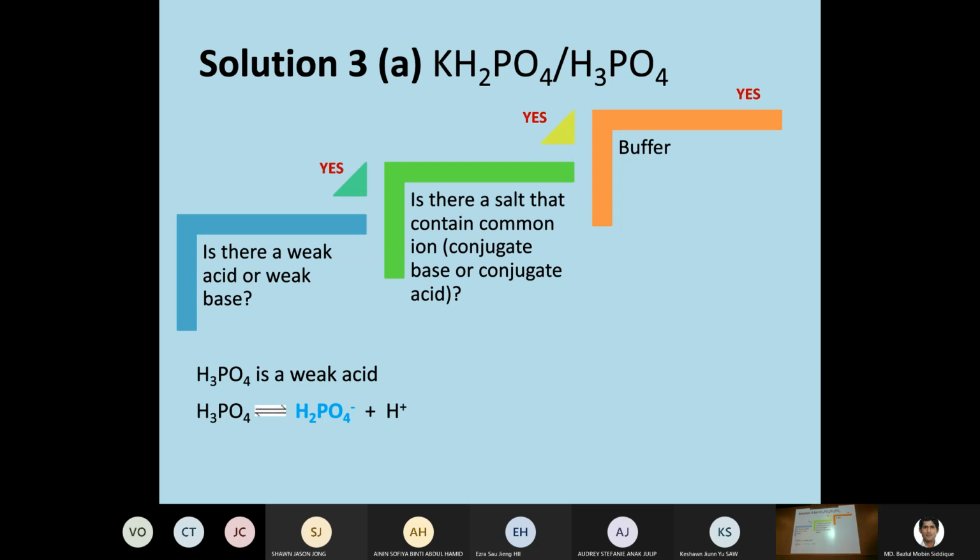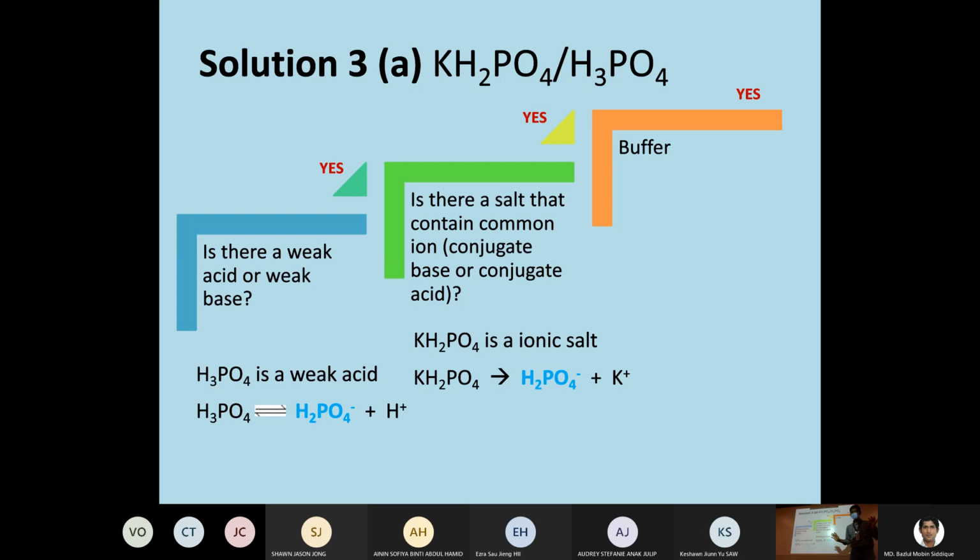And then potassium dihydrogen phosphate is a salt that is produced from the anion of the phosphoric acid. So in a buffer solution, this is the salt and this is the acid. This salt should be produced from the anion of the acid.